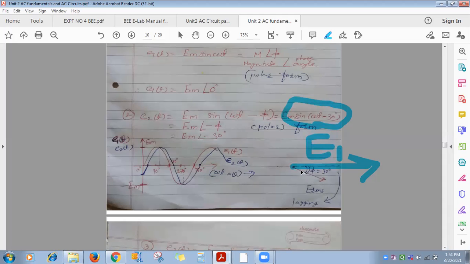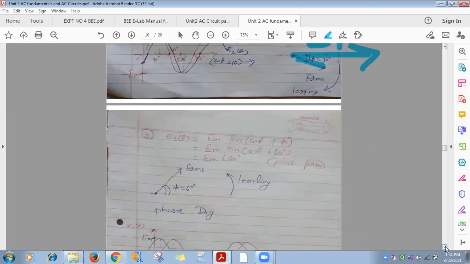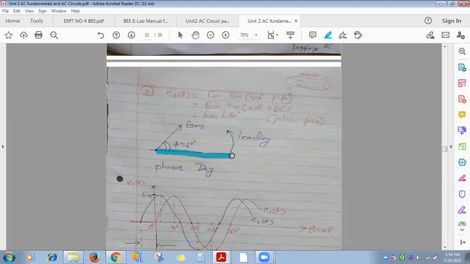So what is the conclusion? A lagging parameter we measure clockwise. Even if E1 is along the positive real axis, E2 will be in clockwise direction at an angle of 30 degree, which means it will be in the fourth quadrant. Now what about E3? E3 leads. Suppose this is E1 over here.